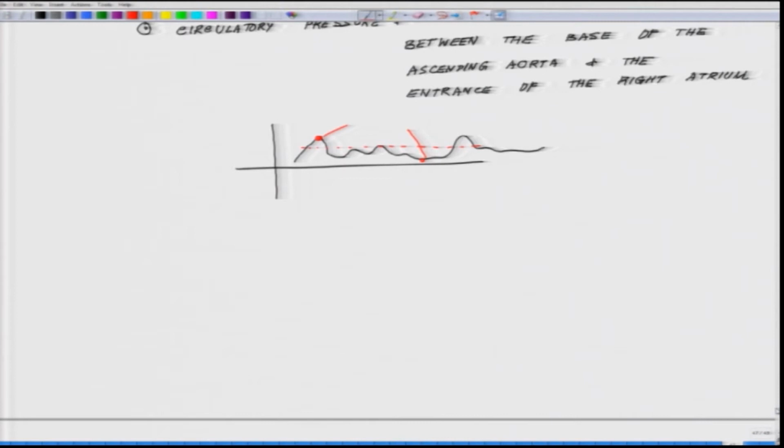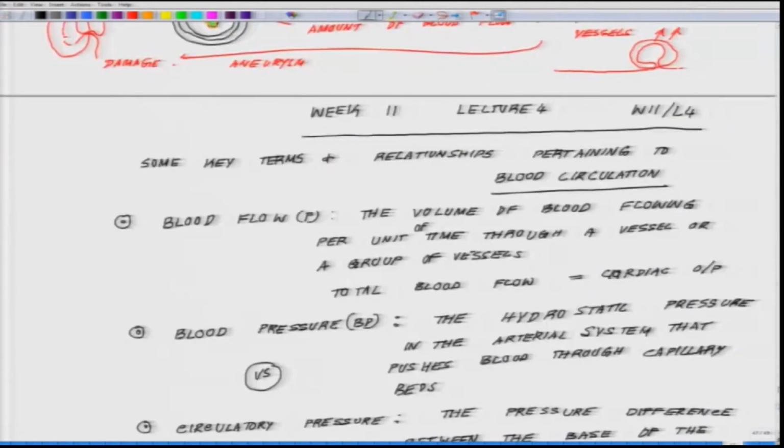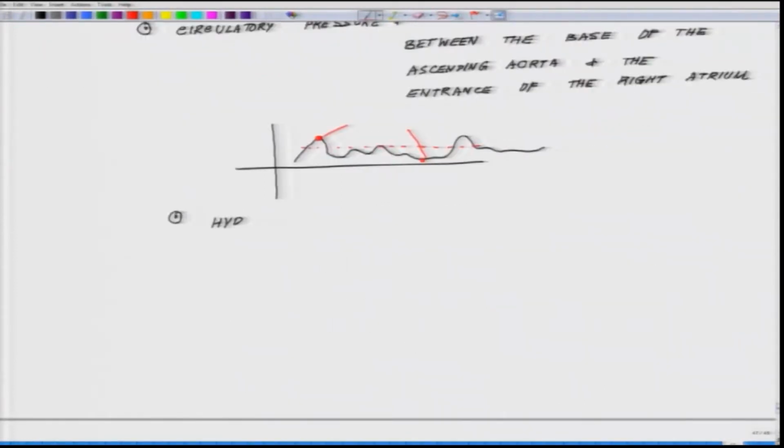Okay. So, now coming back to the next key definition, which is hydrostatic pressure. You have come across this word, I did not explain it purposefully at that time. Now, we are explaining what is hydrostatic pressure. Hydrostatic pressure is the pressure exerted by a liquid in response to an applied force.